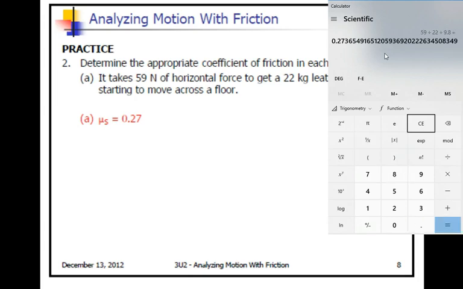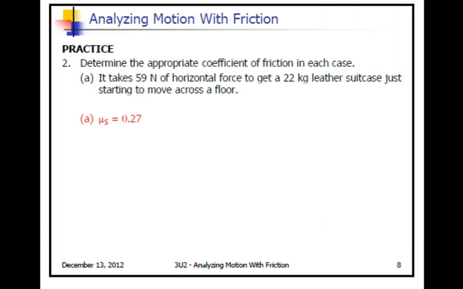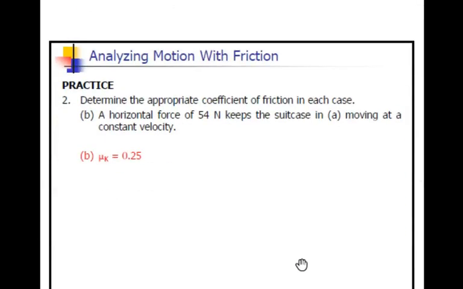We get 0.27. So it's 59 newtons divided by the force of gravity, which is 22 times 9.8. Sorry, 0.27 is our static coefficient of friction. There is no unit.